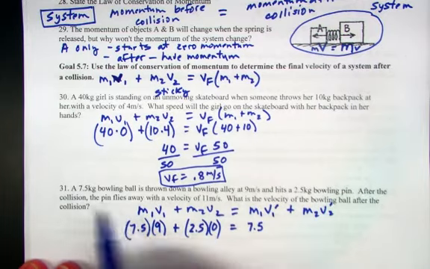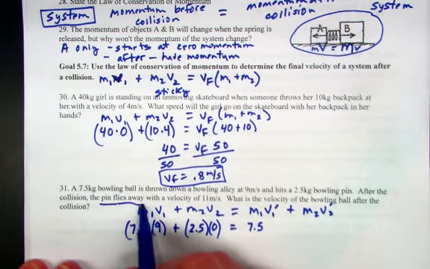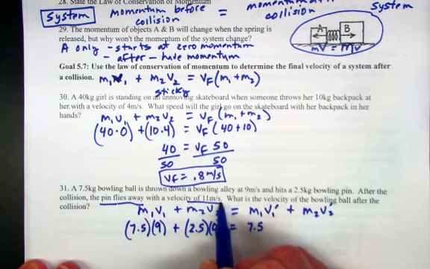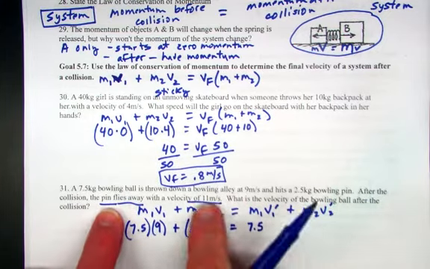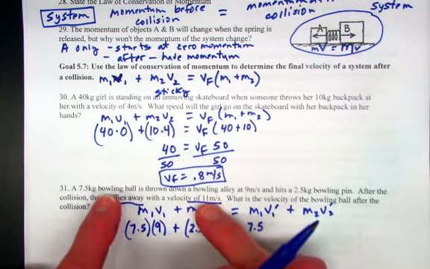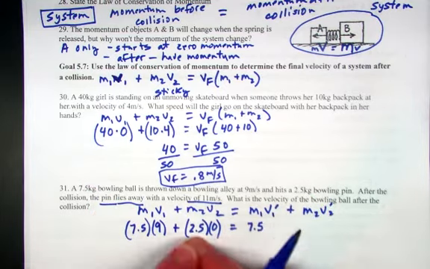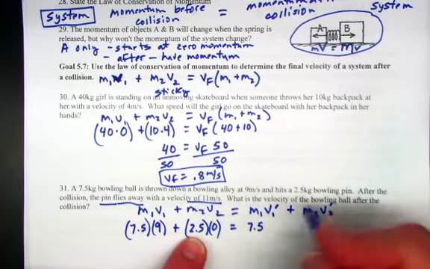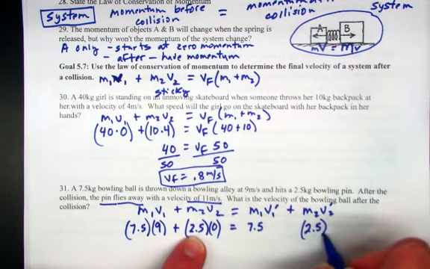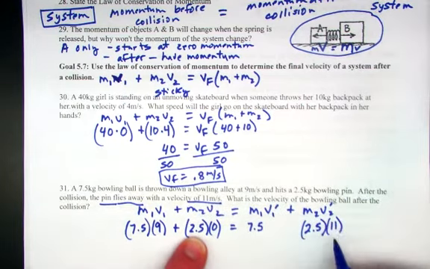After the collision, it says the pin flies away with a velocity of 11. So I have to make sure I keep that 11 with the pin's mass, which was 2.5 kilograms. So that 11 has to go with M2. I'm going to rewrite my mass 2 as 2.5, and put my 11 in here as the new speed of the pin.